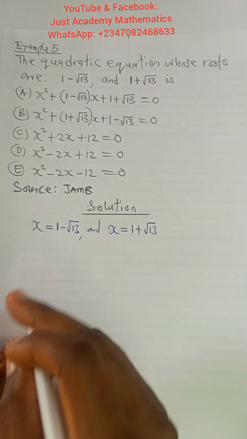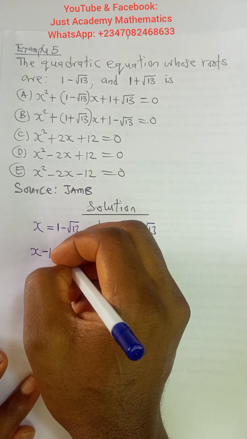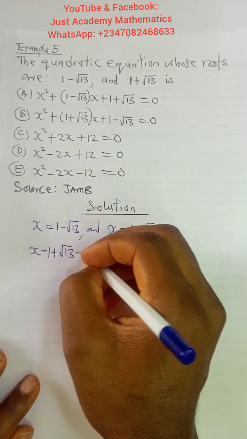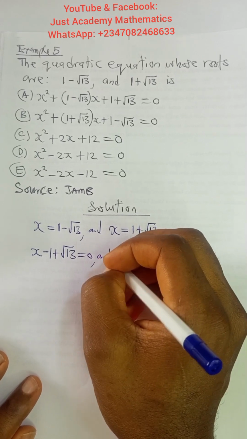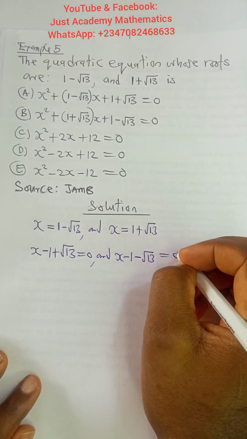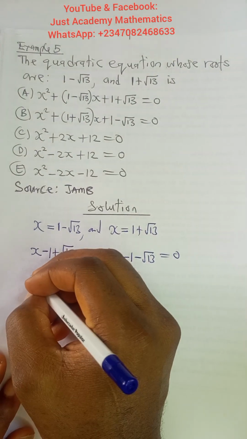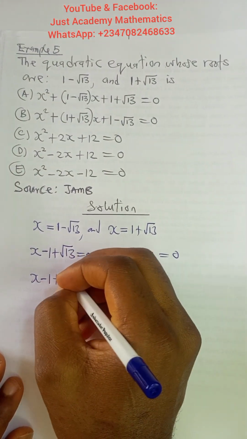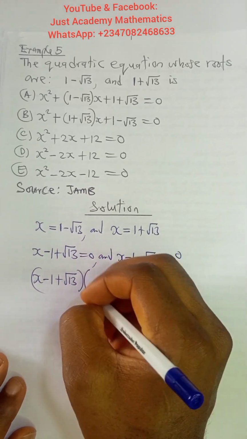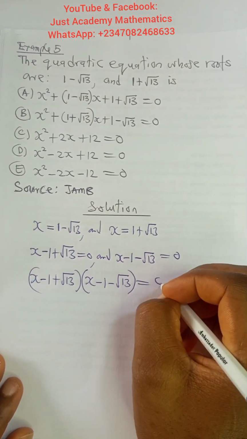Let's equate them to 0. Well, x minus 1 plus root 13 equals 0, and x minus 1 minus root 13 equals 0. So we equate both of them to 0. So we have (x - 1 + root 13)(x - 1 - root 13) = 0.